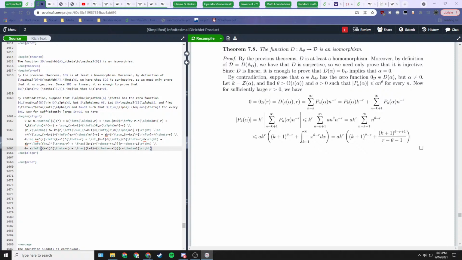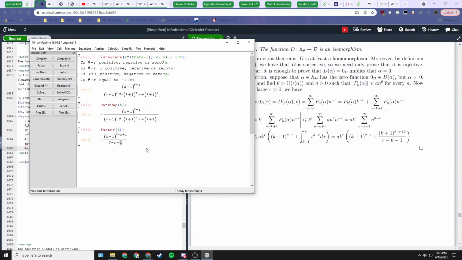Let me show you what I'm doing. I'm essentially just going to plug this into here. So we have this whole expression, which is this thing on the right, and we're going to add to this (k+1)^(θ−r), and then multiply this entire thing by some constant a times k to the power of r.